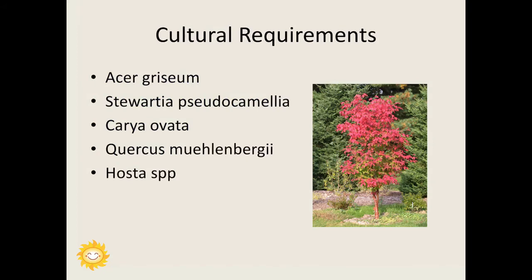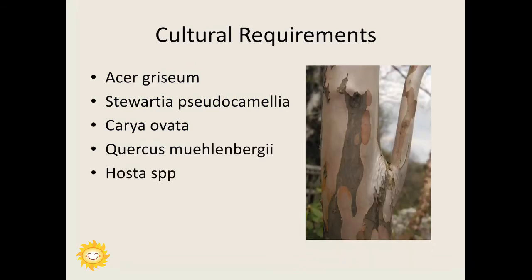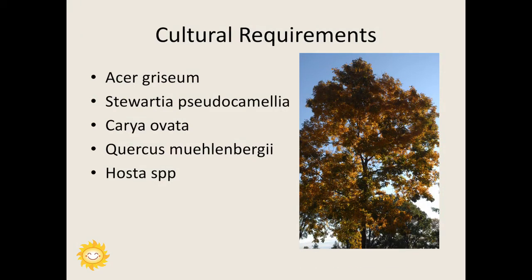Think about cultural requirements. Think about Acer griseum, paperbark maple, and how particular it can be. And then we look at Stewartia, one of the coolest barks. But if you don't have exact cultural requirements in terms of great pH, in terms of fantastic drainage, in terms of a shaded, protected location, the plant will just die. Shagbark hickory is another one.